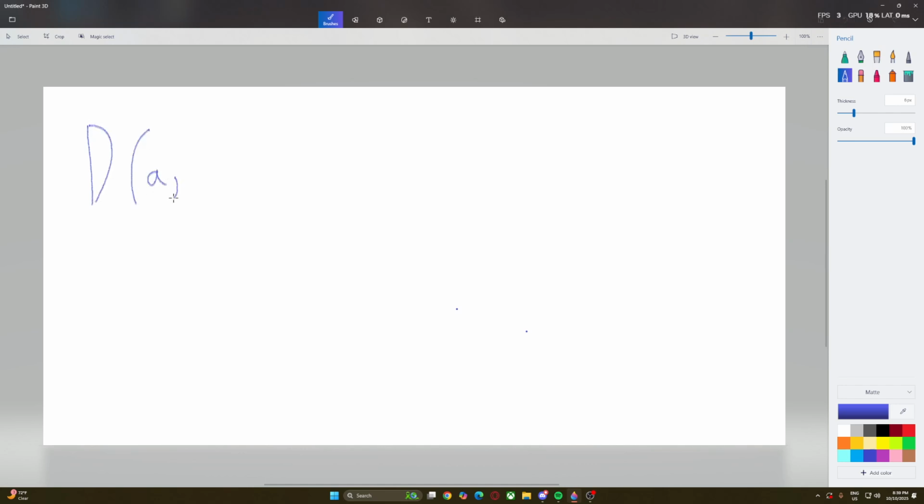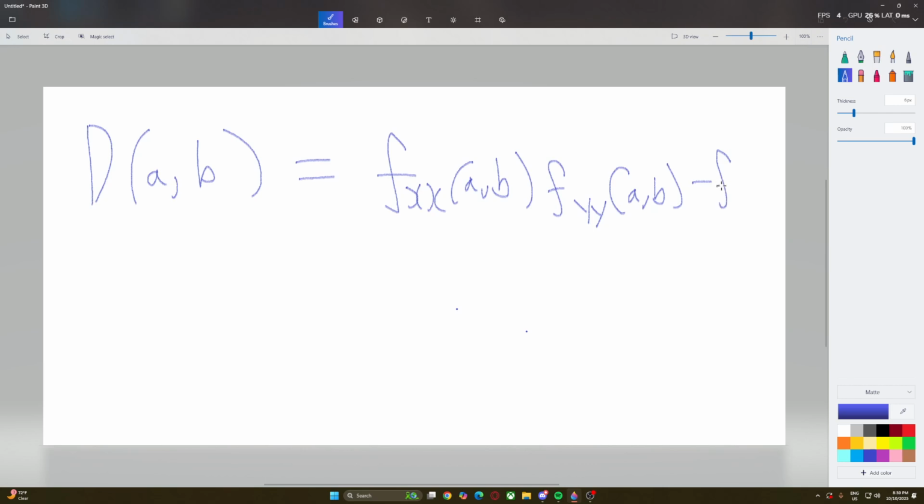Let's say D(a,b) equals f_xx at the point (a,b), which is probably the critical point, times f_yy at the same point, minus f_xy at the same point squared. And that's it. I think that's the equation.